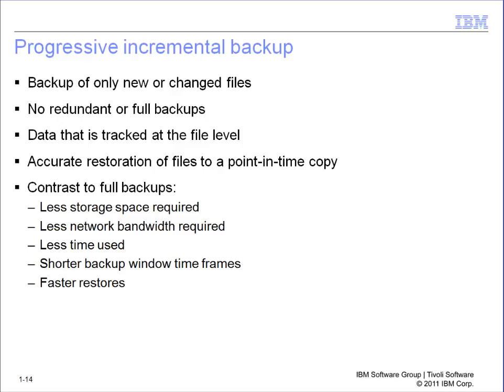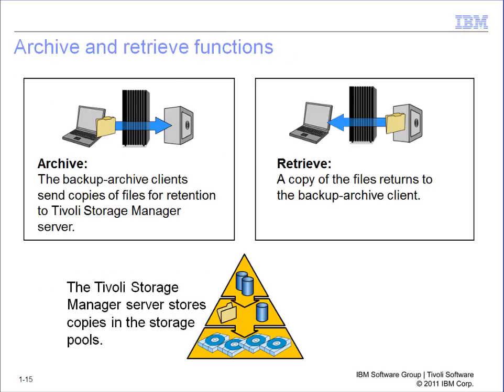Archive and retrieve is different than backup and restore in that you're not saving versions of a file for data protection. Archive is more for data retention. Let's say you have files that are accounting files from last year. You're not going to be using the files, but you need to keep them.